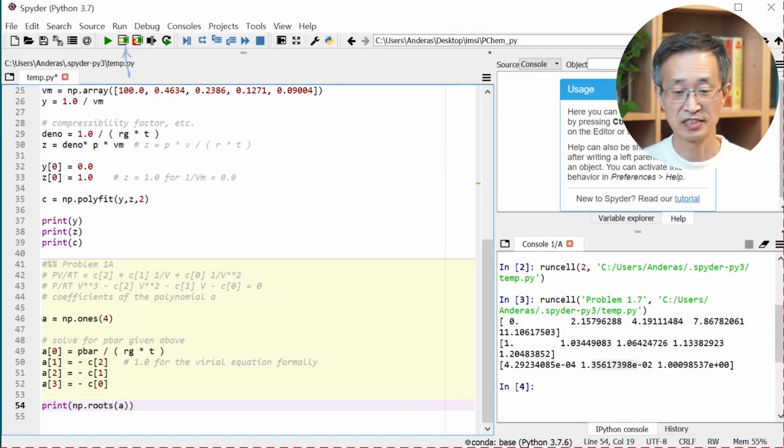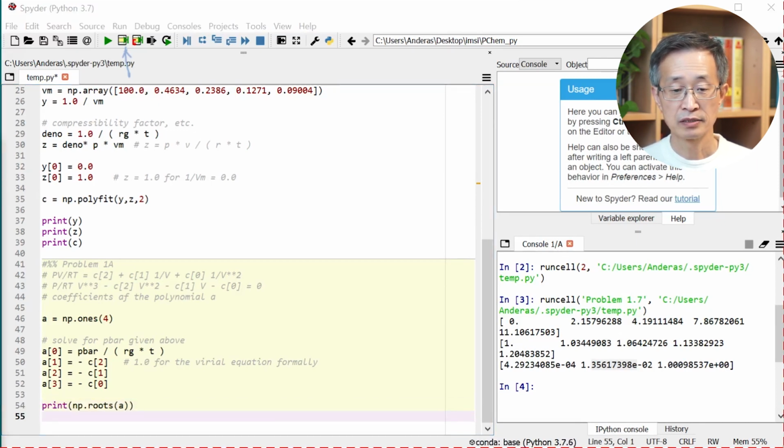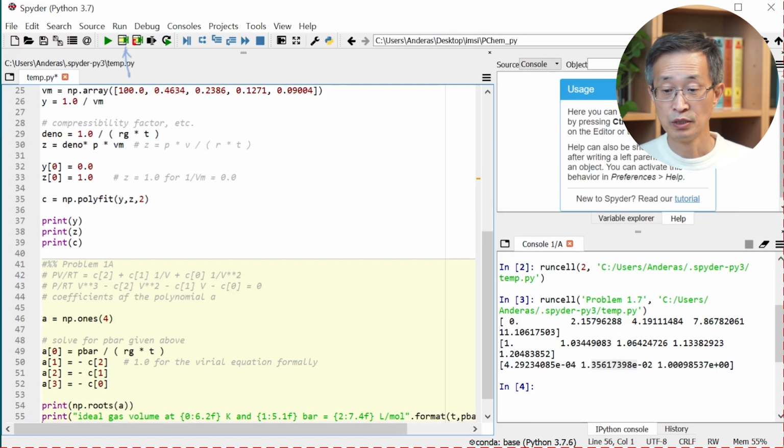Okay, that's done. Then the problem asks you to compare with an ideal gas value. The ideal gas value is easy, you just compute V bar equals RT over P, which is done here.